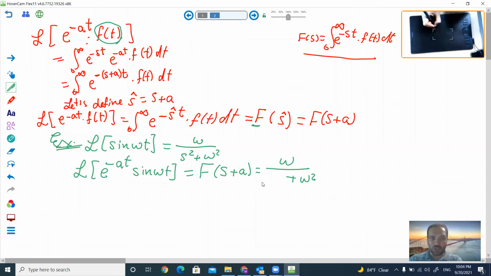So the answer will be omega over s plus a, all squared, plus omega squared. This is the same expression that we already know, but each s is replaced by s plus a. Is it clear? Okay, let's see another example.